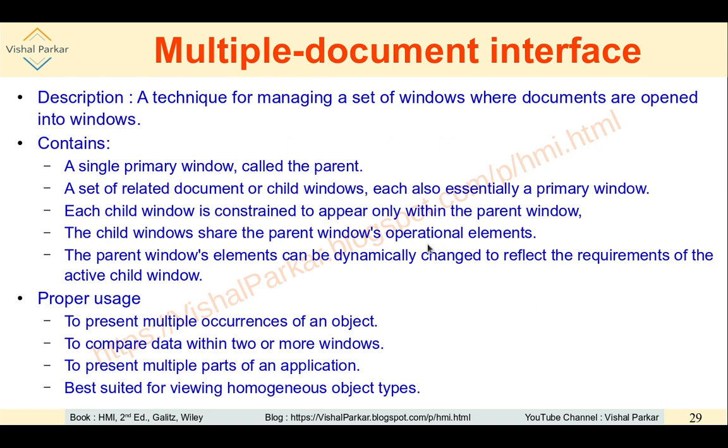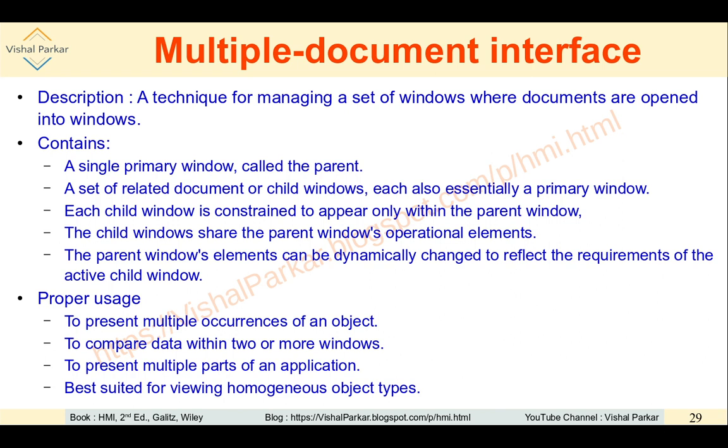Next is the multiple document interface, which is a technique for managing a set of windows where documents are opened into windows, containing a single primary window called the parent and a set of related document or child windows, each also basically containing a primary window, where each child window is constrained to appear only within the parent window.